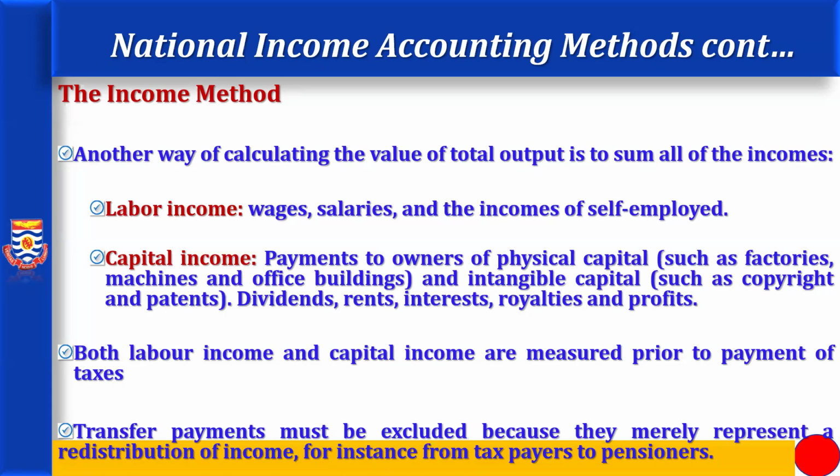Now, what other category of people would receive income when we sell goods and services? Another category are those who provided capital for the business. For instance, if somebody provides his factory or his building for you to do business, you pay rent to him.